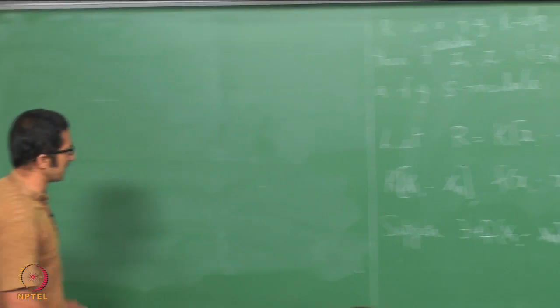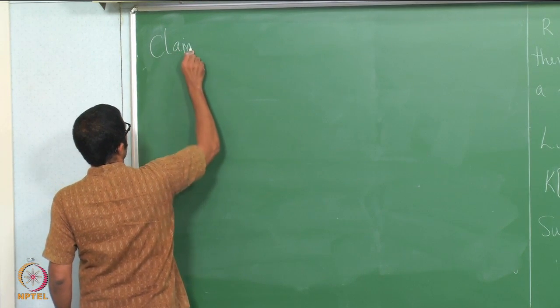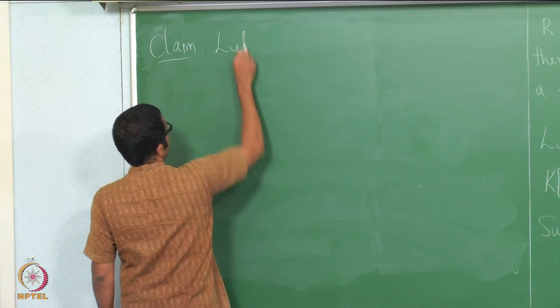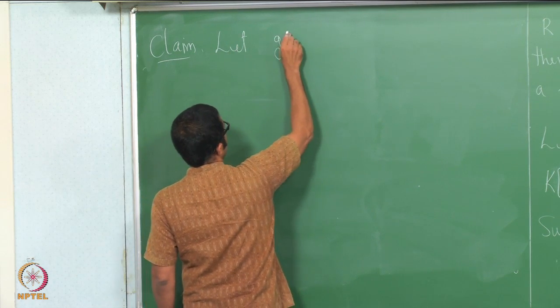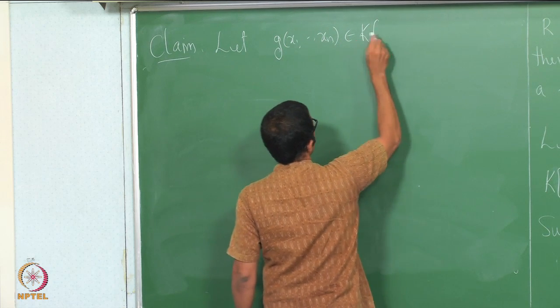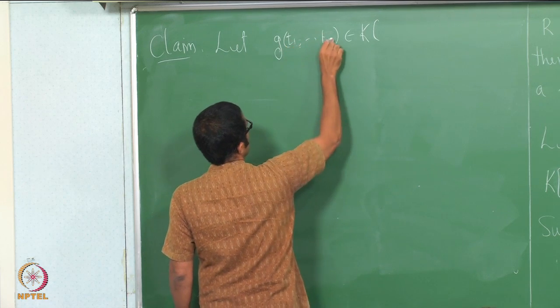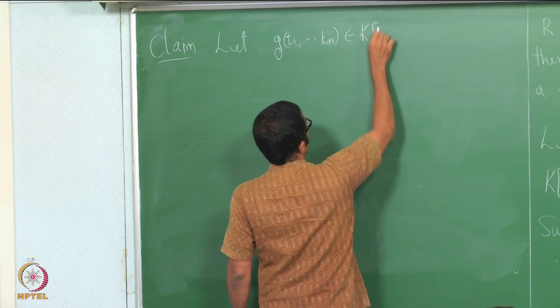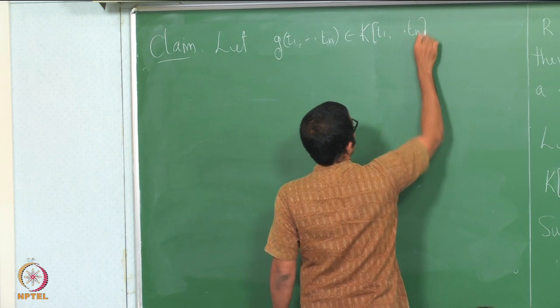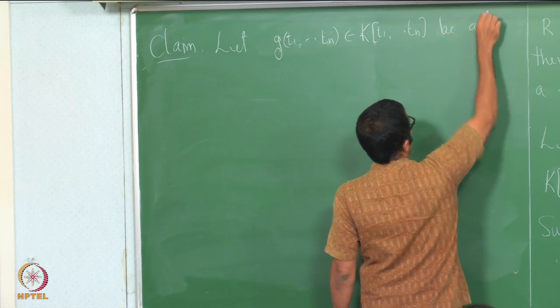But when your field is infinite, what I claim is the following: let g(t1 up to tn) in the polynomial ring be a homogeneous polynomial.